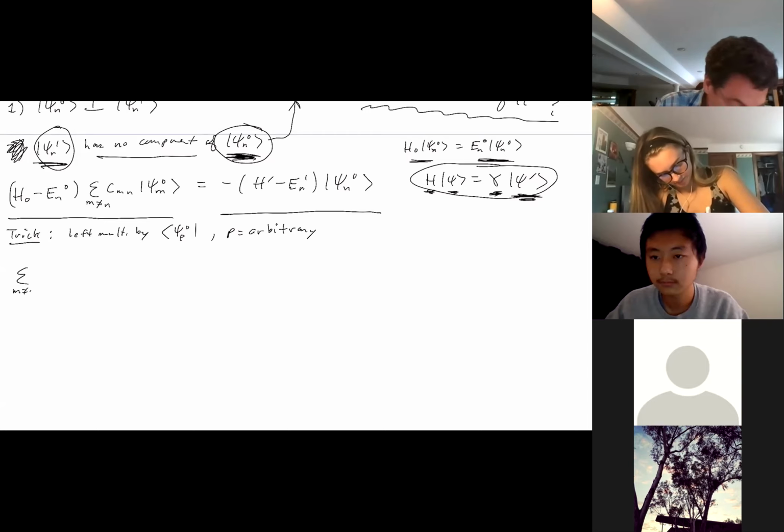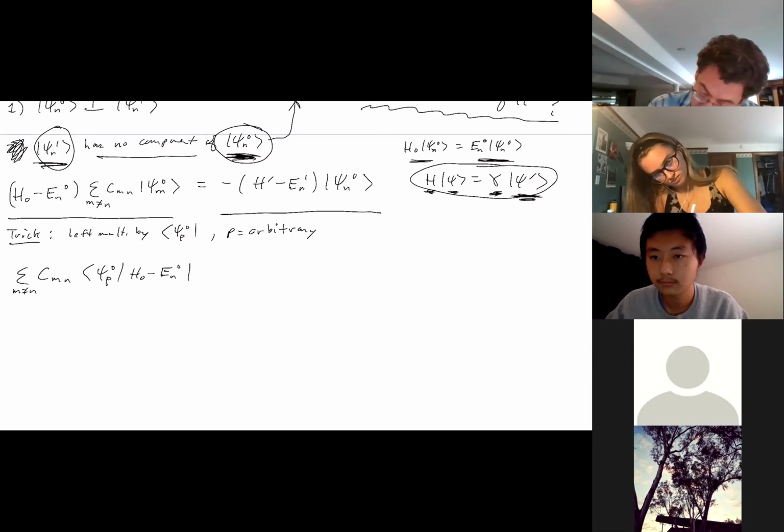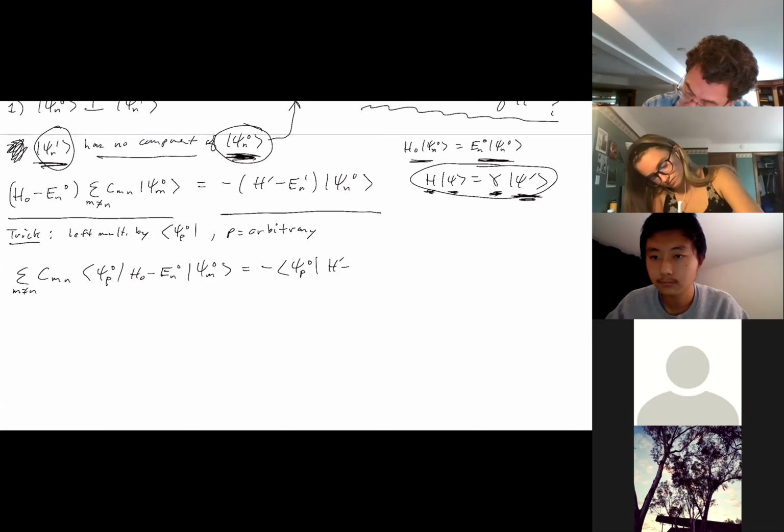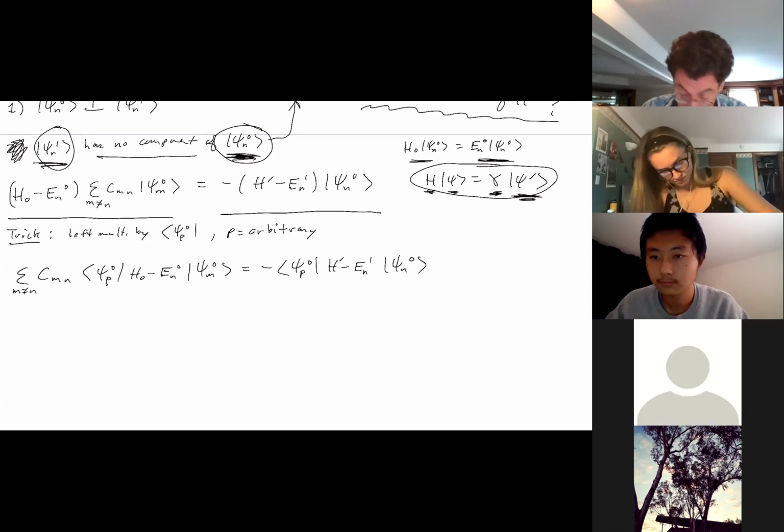So it's m not equal to n, and I have c m n, and I have psi p naught, H naught minus en naught, psi m naught, is equal to negative psi p naught on the left, H prime minus en1 inside, psi n naught on the right. Okay, so I just left multiplied and pulled the summation out.